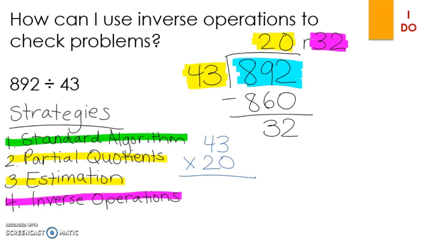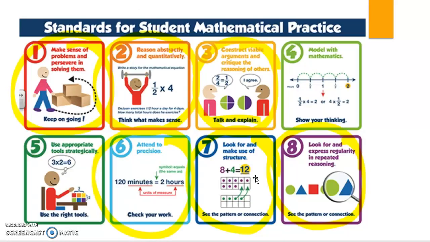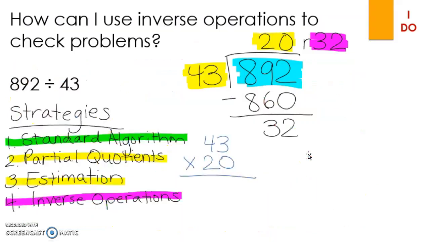We could use the standard algorithm, but just like we said, for our math practices, we are looking for structure and repeated reasoning. So when I look for structure and repeated reasoning, I know that 43 times 20 is really 43 doubled with a 0. So it's 860. Why is that true?